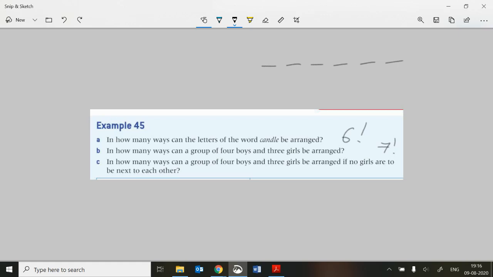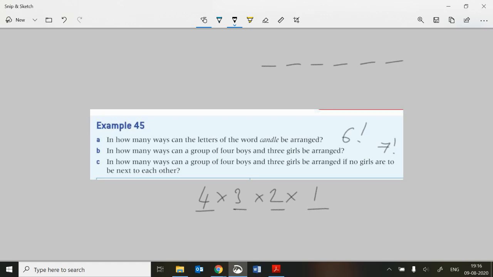So first of all, let's just think about the 4 boys. We can put the 4 boys in 4 times 3 times 2 times 1 different ways. That's the number of ways in which they can sit. That one's pretty straightforward.